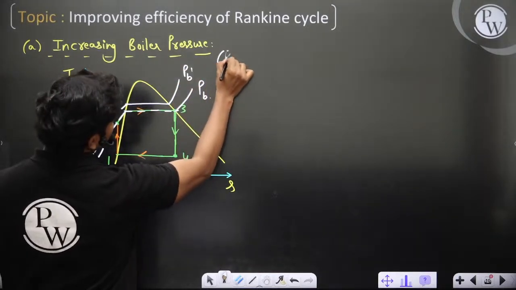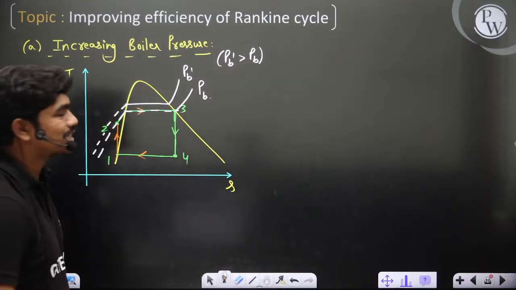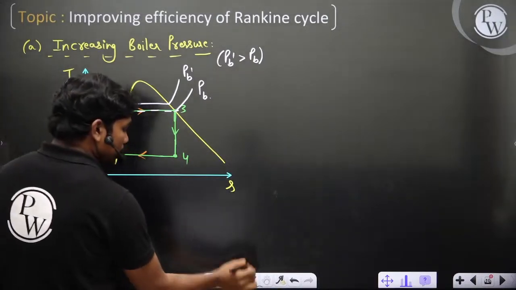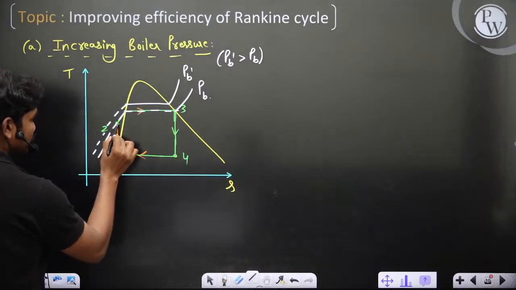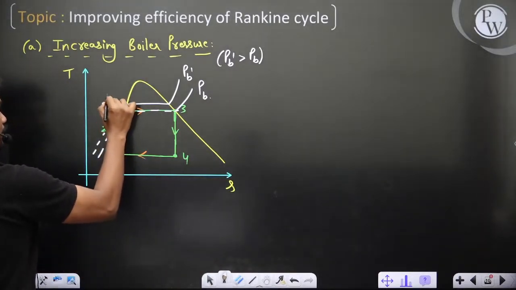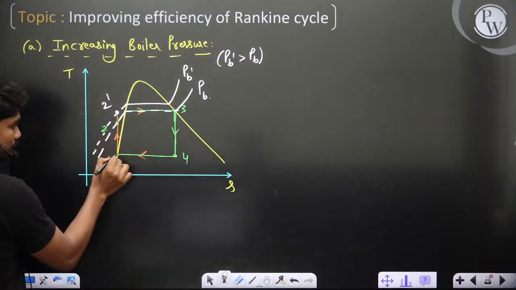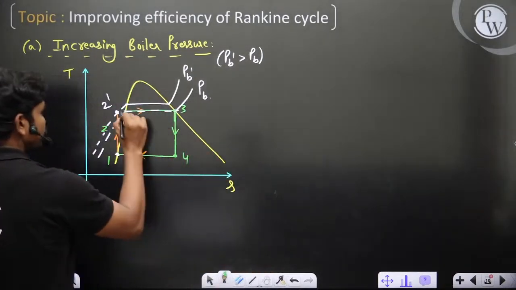PB dash is greater than PB. Now, one thing you understand is you have to take your compression up to this point, which is 2 dash. So in the new cycle, you have to take the compression from state 1 to state 2 dash. Then your heat addition is something like this.